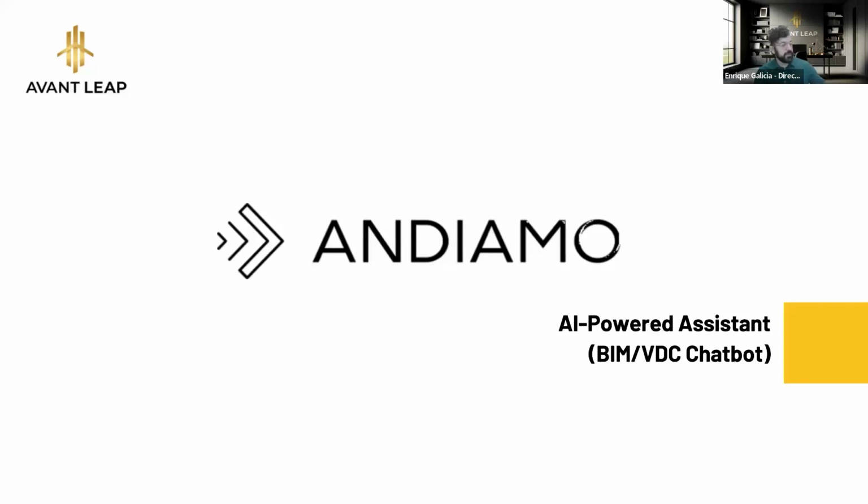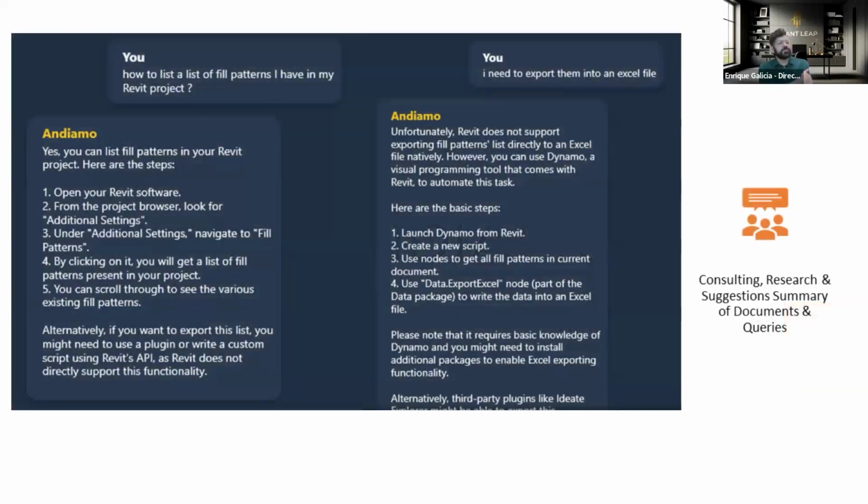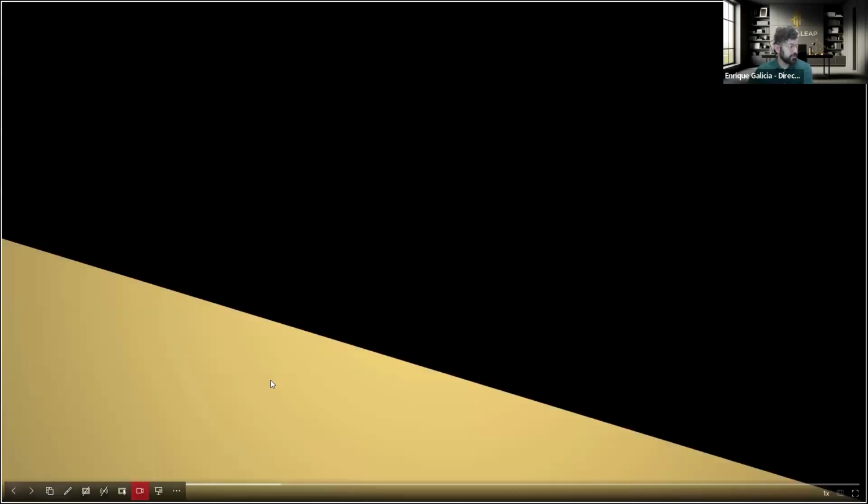Andiamo is available through our website, so you can download it and test it. There are some samples here of the use of Andiamo, like you can write questions and it will answer you within the content you're looking upon, because it's Revit aligned and within the things it can read. If it doesn't know, it tells you, and we have some video about Andiamo.